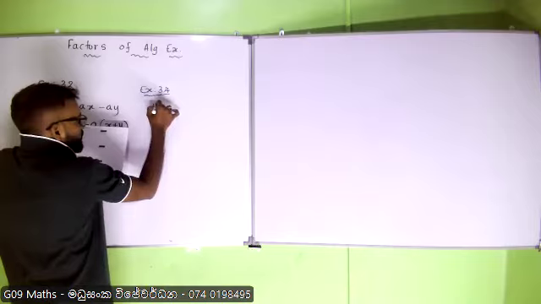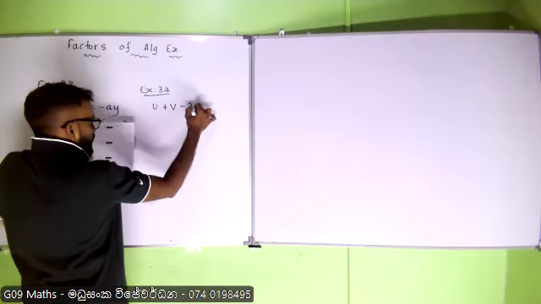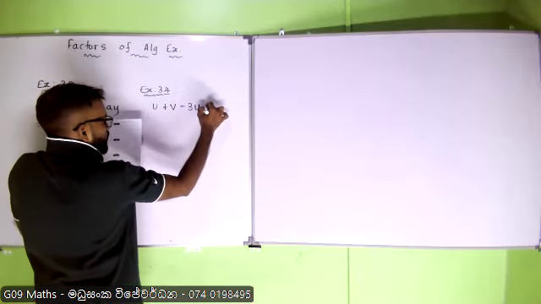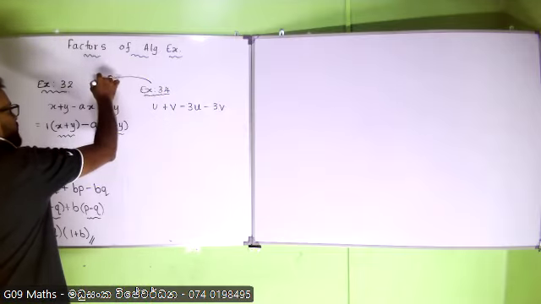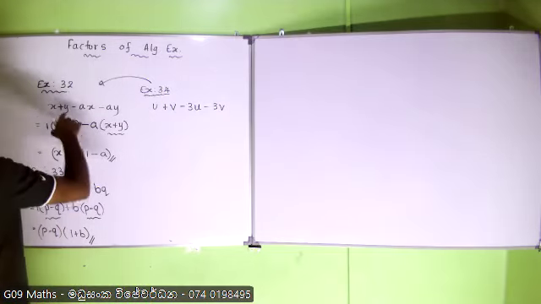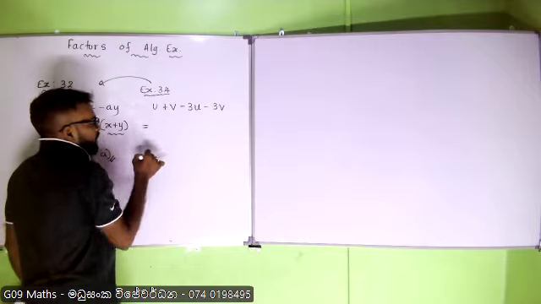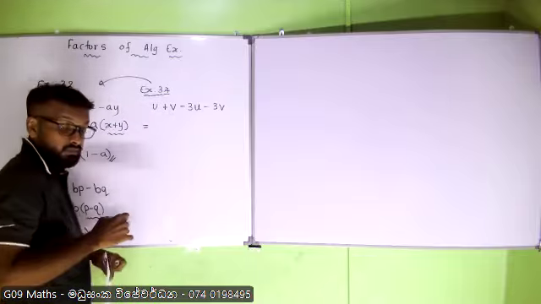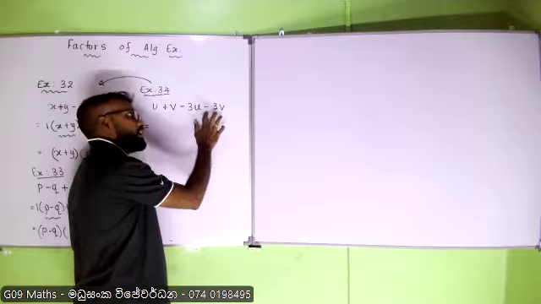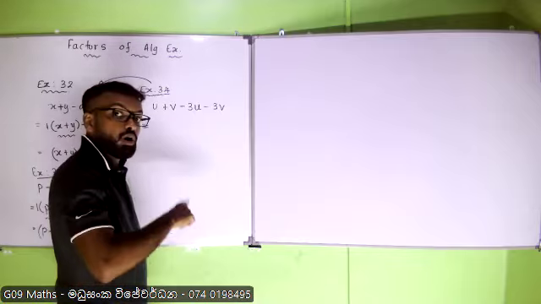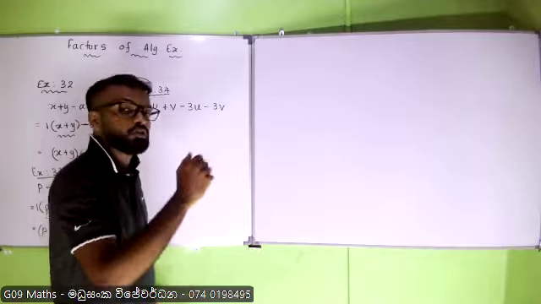Here we have u plus v. And I told you to correct it: minus 3u minus 3v. This is the same as this one, the previous one, 32. Right? Same as 32. Here u plus v. But here you have negative u, negative v. You know how to convert negative u and negative v into positive u and positive v.